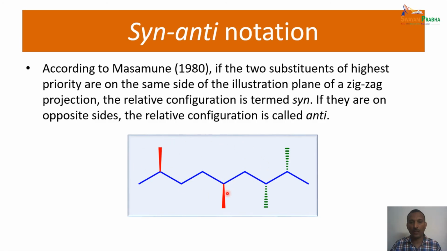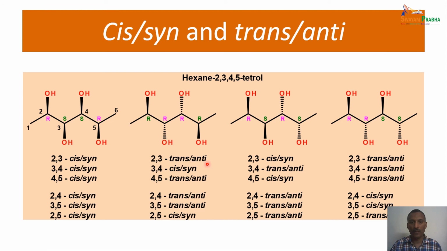So this arrangement was seen in the three-dimensional arrangement, and how these groups are actually present. Let us look at another example. This is hexane-2,3,4,5-tetrol.